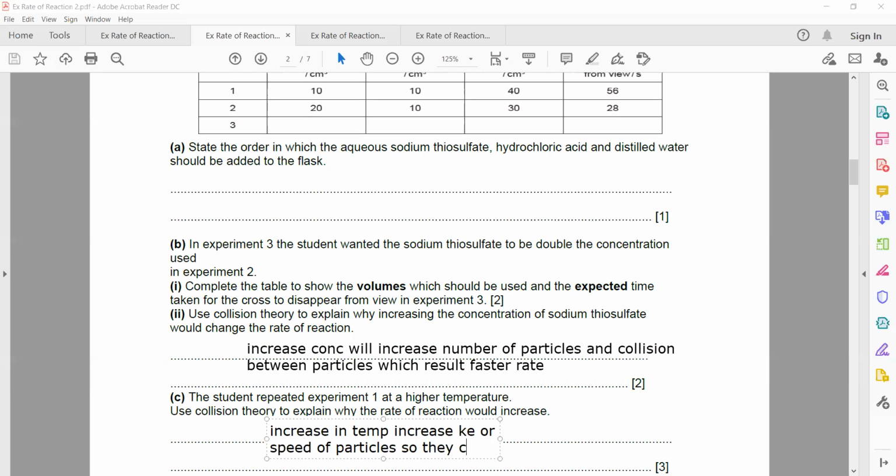So they collide more often with each other, which results in a faster rate.